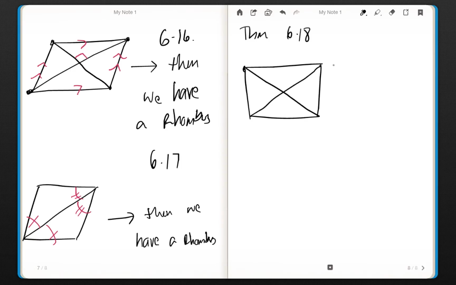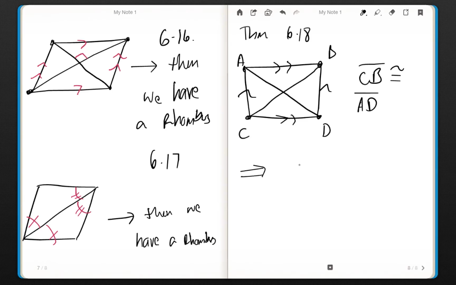Here we'll have to label it, otherwise it gets a little tricky. So CB congruent to AD, we have a rectangle. Again, these theorems are going to be used to show that we have either a rhombus or a rectangle.